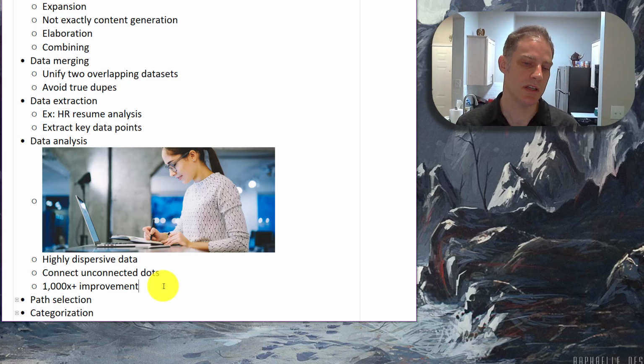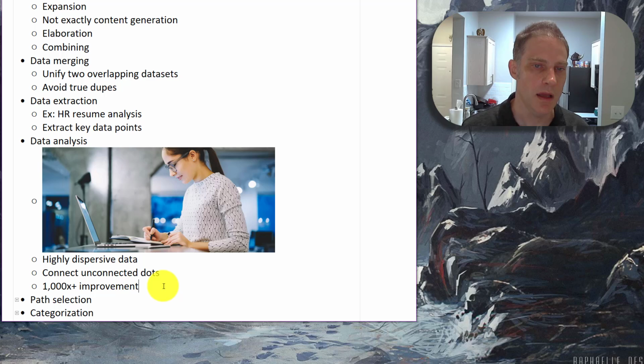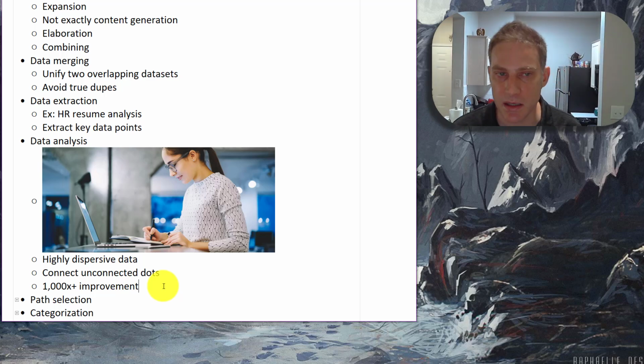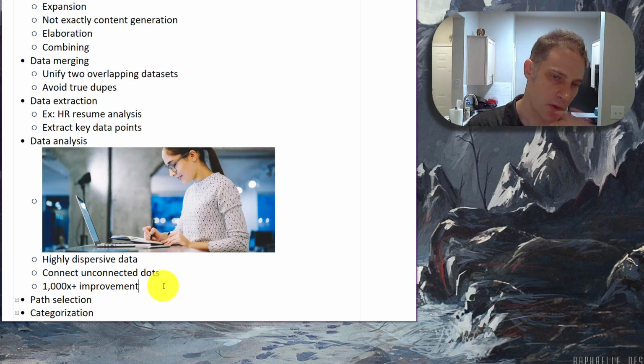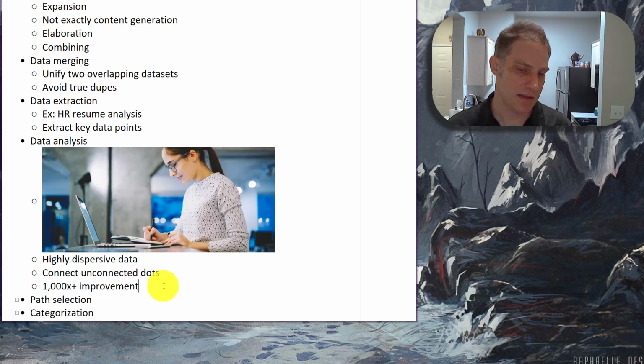One thing you can do is connect unconnected dots, or highly dispersive data, which I guess is two ways of saying the same thing. If you have a very long document and a human needs to find 4 data points in there and make a conclusion based upon that, then you can do that. It's not quite data extraction, but it's similar.